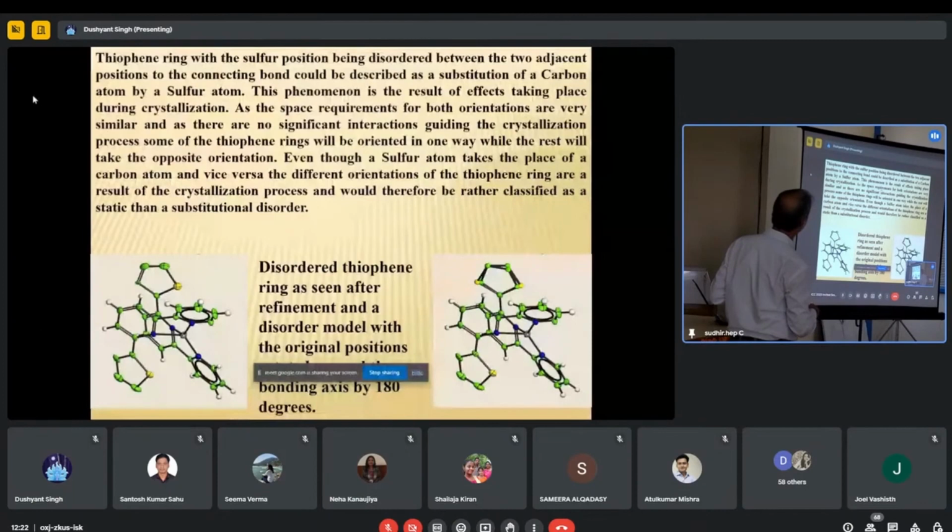So you can see, a sulfur atom takes the place of a carbon atom and vice versa, carbon is taking the place of sulfur in the other unit cell, because there are a large number of unit cells in one direction and in the other direction. So the different orientations of the thiophene ring are a result of the crystallization process and would therefore be classified as static rather than substitutional disorder.